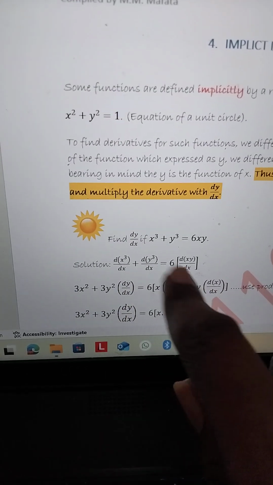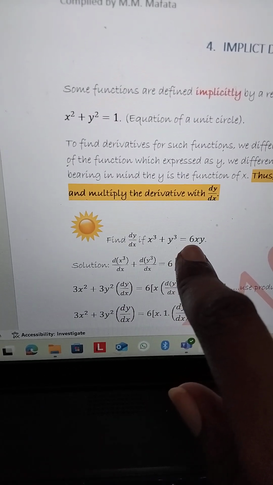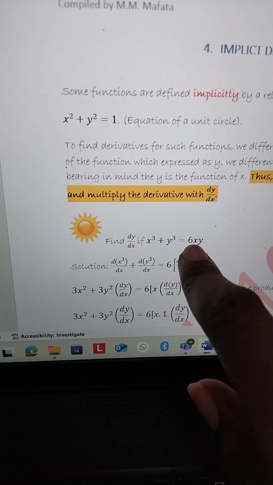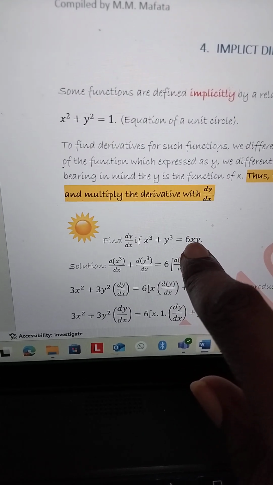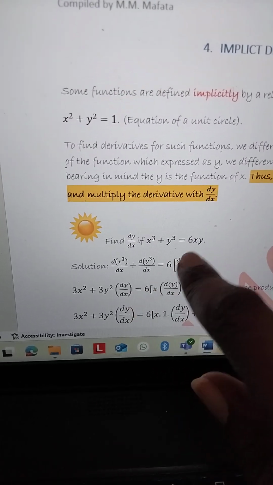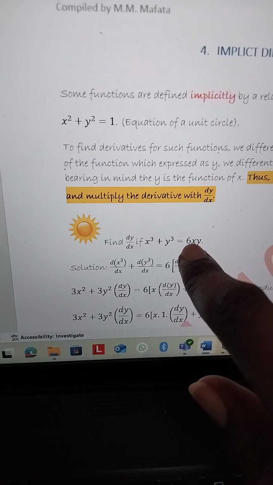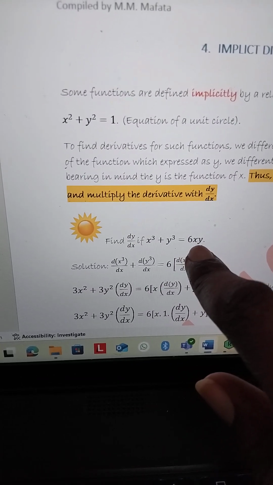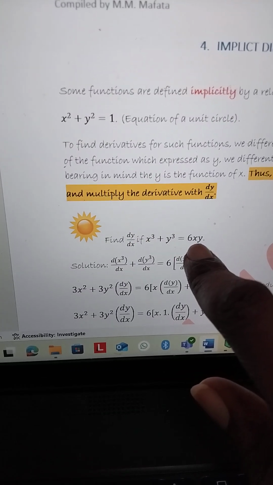Okay, on the other side of the equation, we have 6xy. And these are two separate functions multiplied by 6. So if we take 6 out, we are going to find the derivative of x times y, and we are going to use product rule.